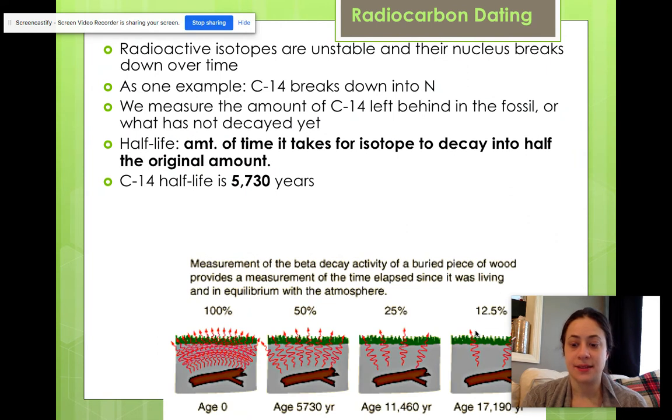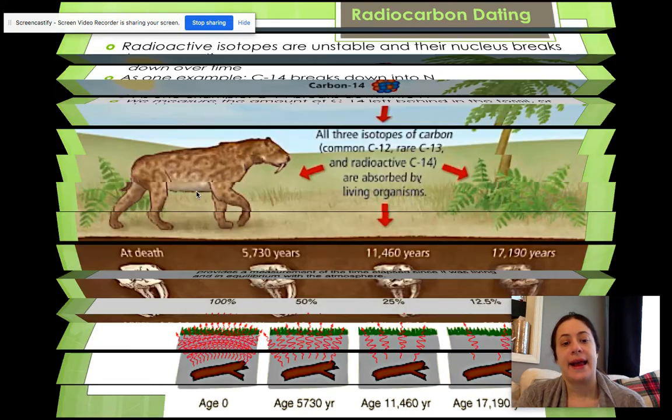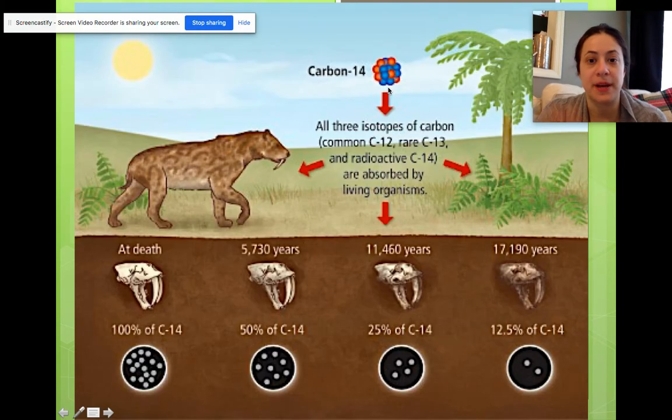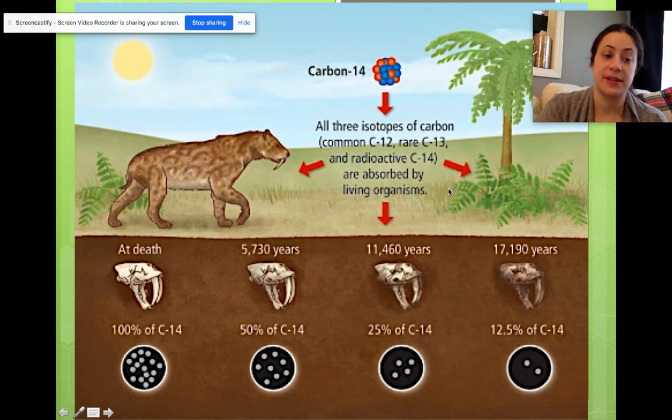And we can use different isotopes for different ages of fossils. And here's an example of that, perhaps a better picture. Here is carbon-14, and there's 3 different isotopes, if you remember us talking about this at the beginning of the year. But we have carbon-12, carbon-13, and carbon-14, and they're all absorbed by living organisms.